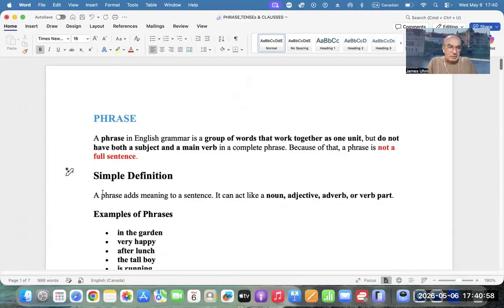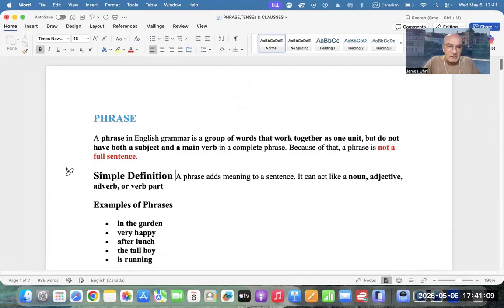A simple definition is: a phrase adds meaning to a sentence, which is very important. So I will write it this way and really highlight it. A phrase adds meaning to a sentence.